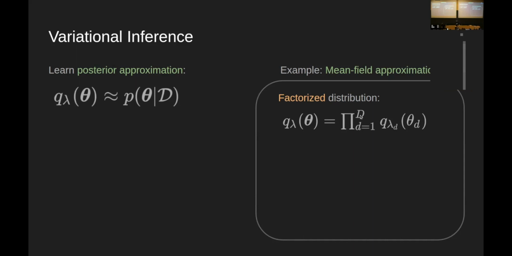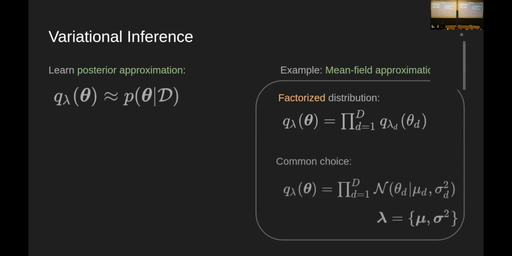Before modern reparameterization-type variational inference, if you fixed all the dimensions except one, you could solve for the functional form of that Q. That's how they used to do variational inference. It's not really used that much anymore, but people still use this approximation because it's very simple. And a very common choice is to just have, you guessed it, a Gaussian for each Q.